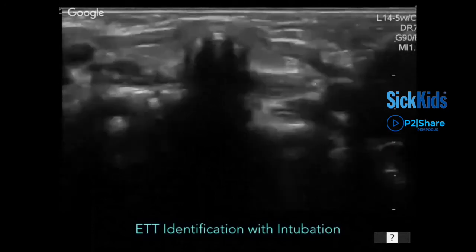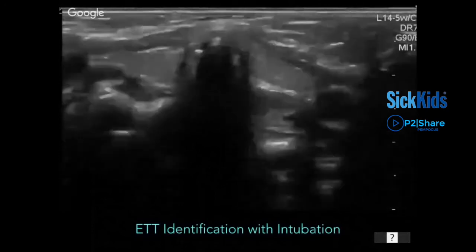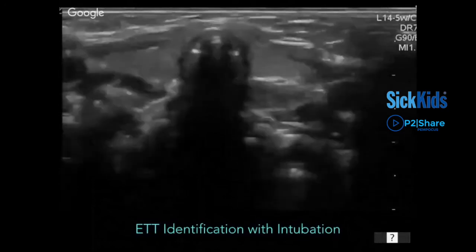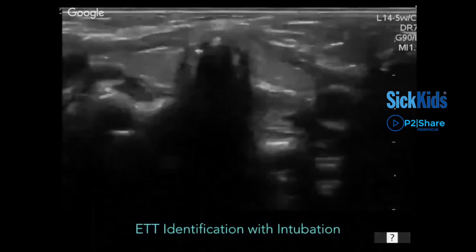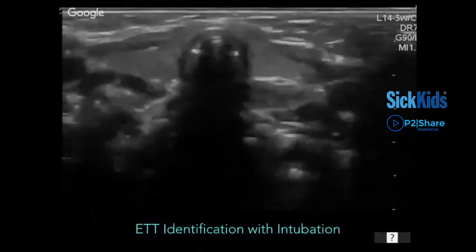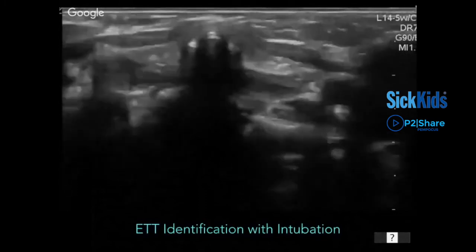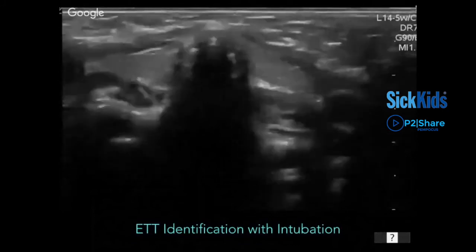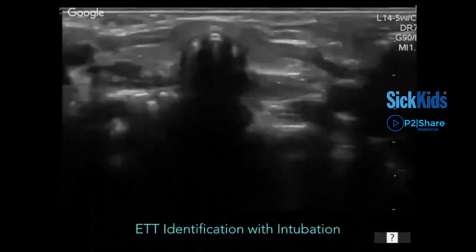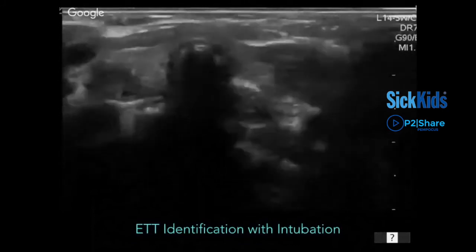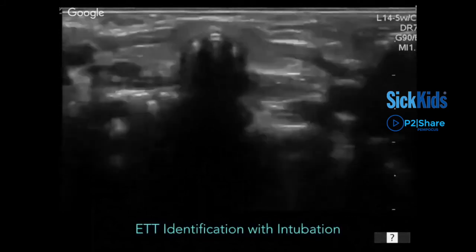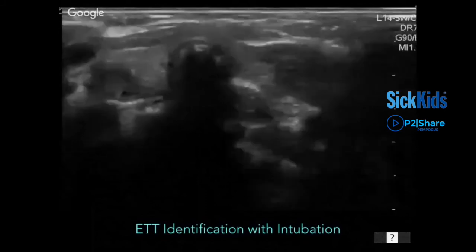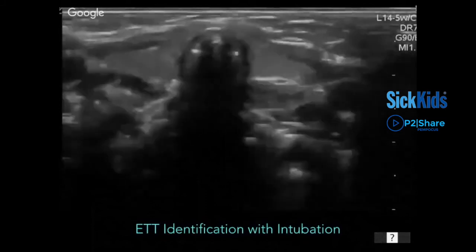Some of the limitations: if you have subcutaneous emphysema over the neck, you're going to obscure your view. You're not going to be able to see, and that's the same for all lung findings in trauma. The other limitation is if you have something in the esophagus, like an NG tube, you're not going to be able to know if this is a tracheal or esophageal intubation. I remember my first case using POCUS for intubation where an NG tube was in, and I was worried that we had it in the wrong place.